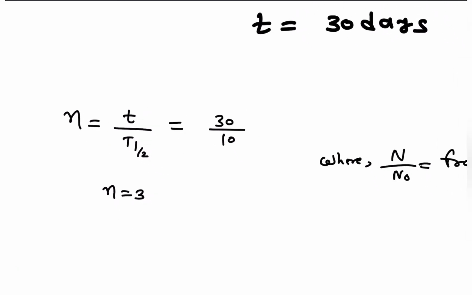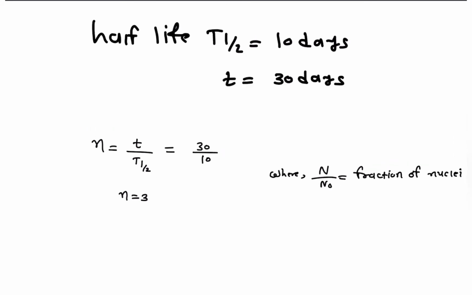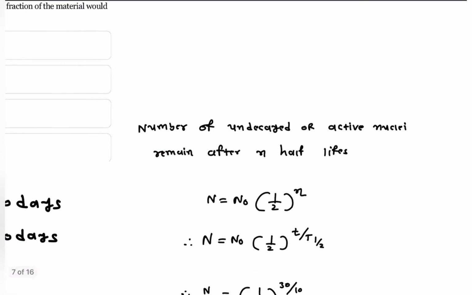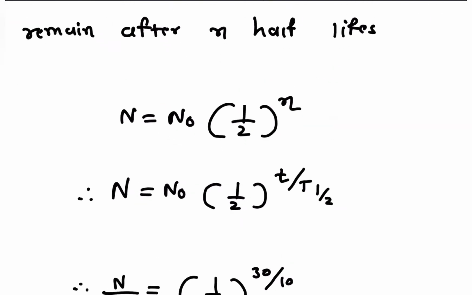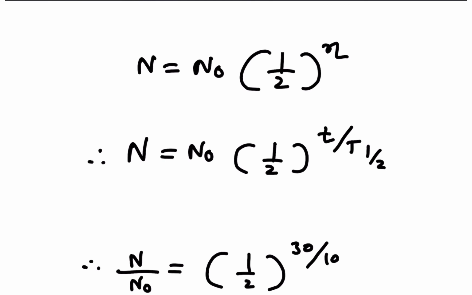So the number of half-lives is equal to 3. Now, based on this formula, the number of undecayed or active nuclei remaining after n half-lives is N equal to N naught times 1 by 2 raised to n.